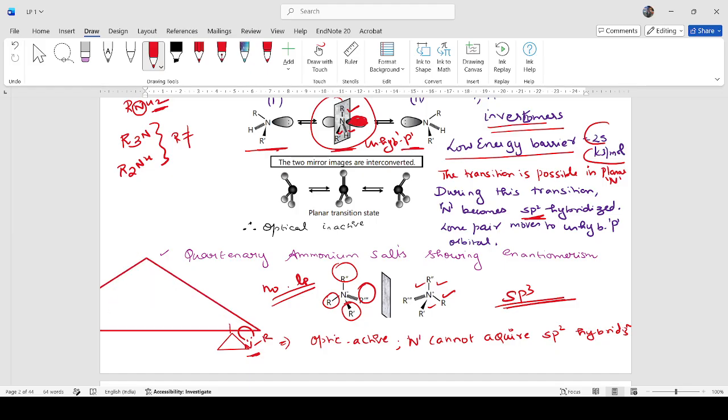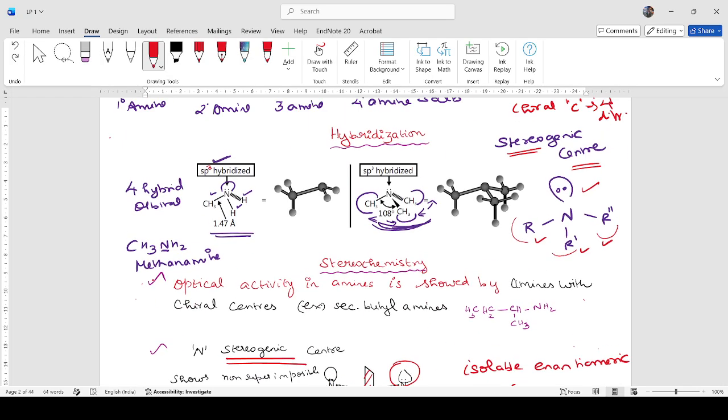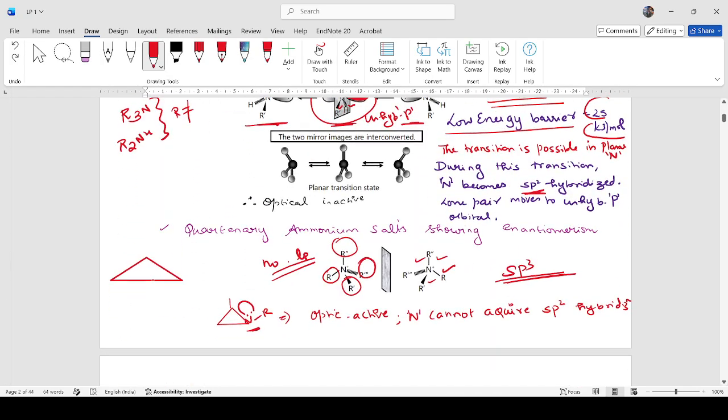Let us look at this case here. Look at this nitrogen. What are the bonds it has made? R, a lone pair. This nitrogen has bonded with a CH2, and this nitrogen has bonded with a CH2 which is bonded with CH3.